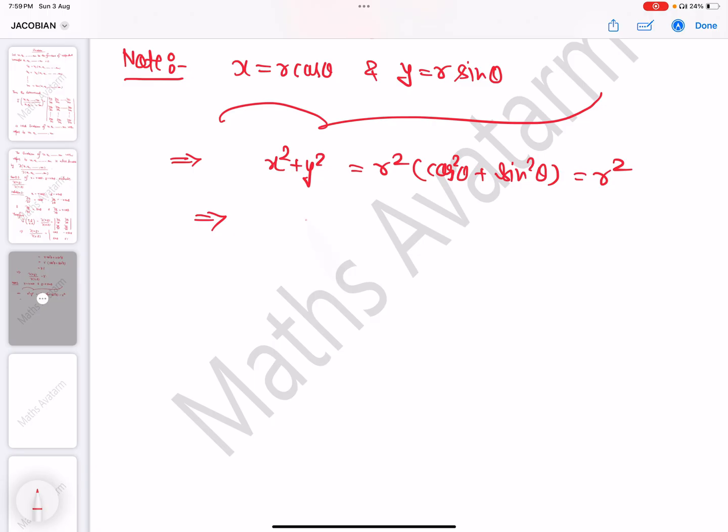This implies r square is x square plus y square. And if we divide, tan theta will be equal to sin theta upon cos theta, tan theta is equal to y upon x.